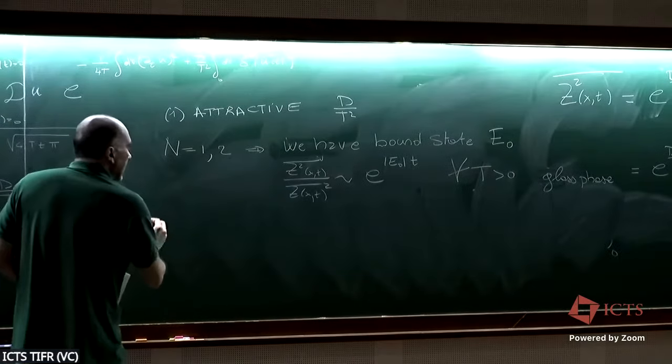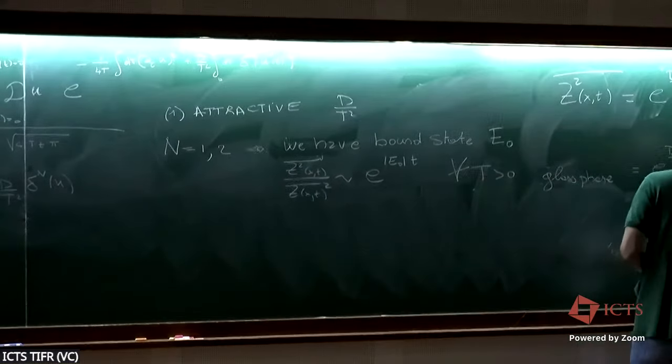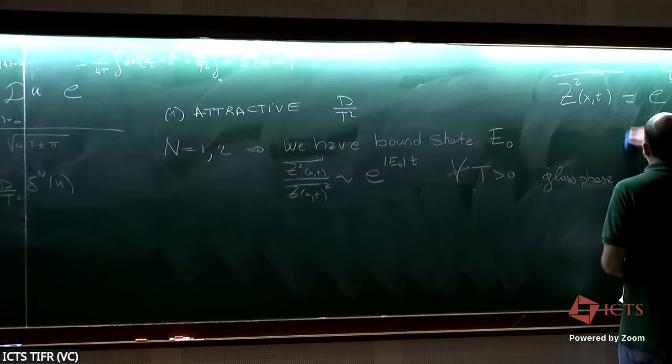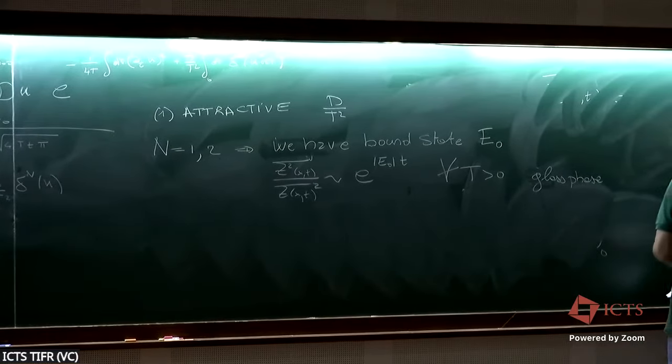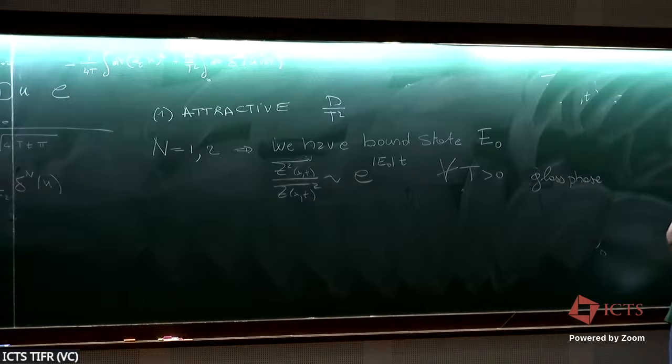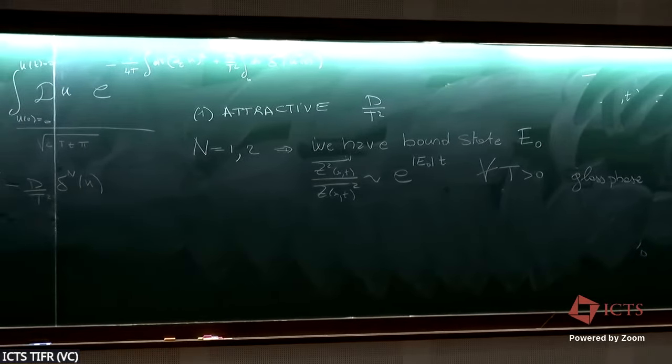Now, the second thing, so let me erase here, is what happens above n equal to 2. Let's say, to be physical, n equal to 3. You can do simulation, you can observe everything in n equal to 3. So is a bound state always present in 3 dimensions, or do you need a certain strength of the potential?